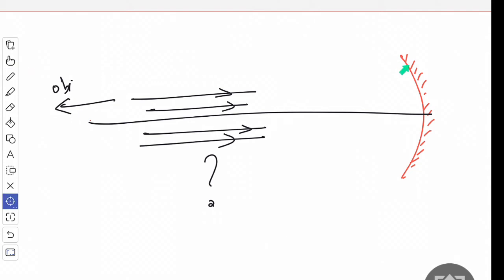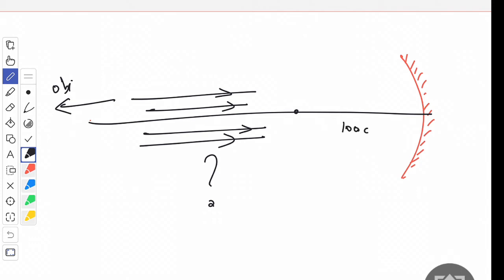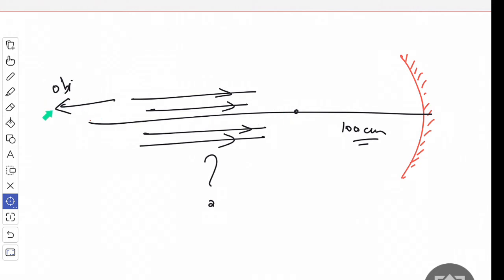Let us say this mirror has a radius of curvature of, let us say, 100 centimeters, so this is 1 meter. Now, if you have an object which is 20, 30, or 50 meters away, then for all practical purposes, we can say that it is at infinity.